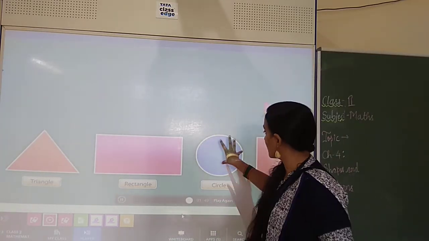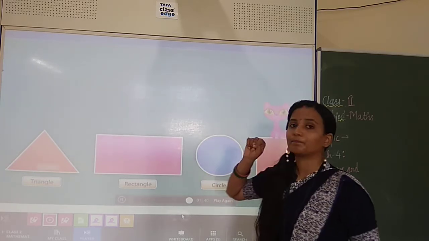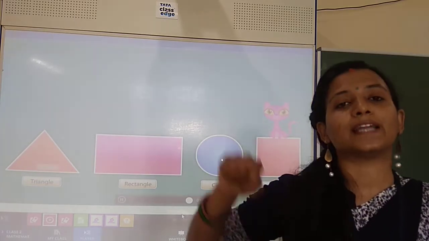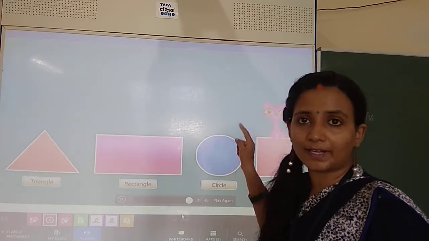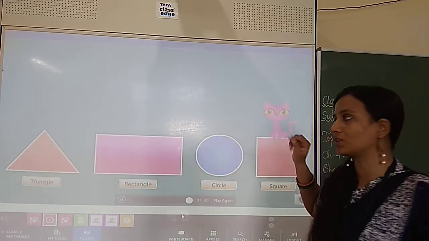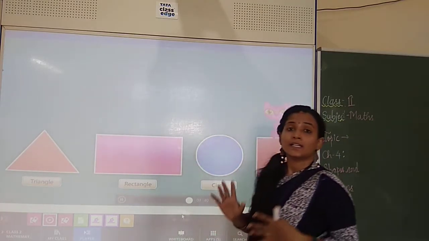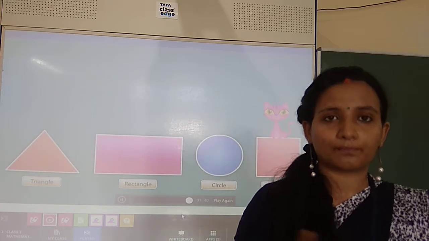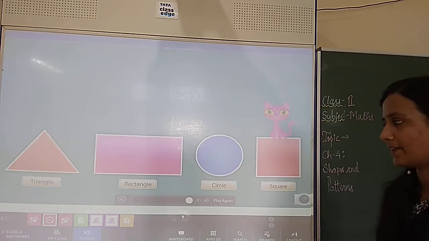So this is a curved shape, but it is plane. That comes on a plane surface, but it is made up of curved lines. So this is a curved shape, and these three are straight-line shapes.